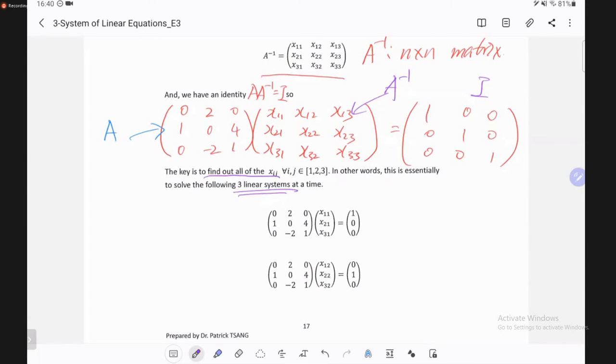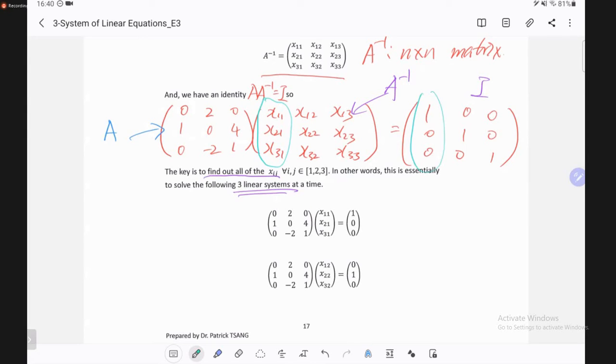Suppose I focus on this column. Suppose I would like to expand, or break, the matrix multiplication along the first column.